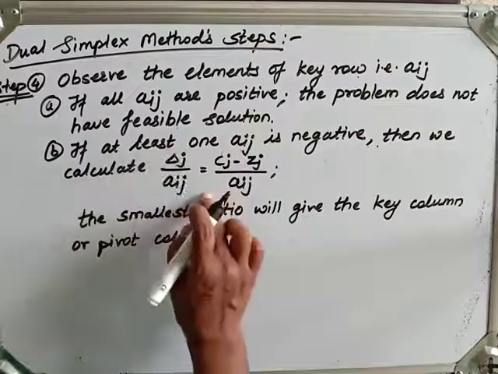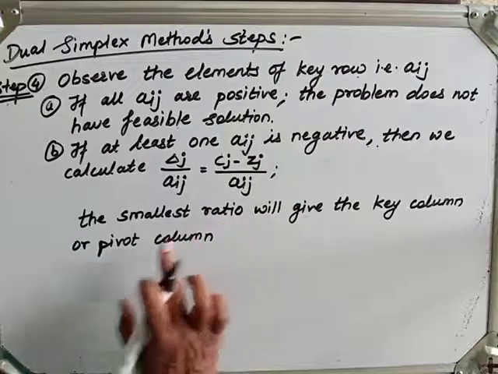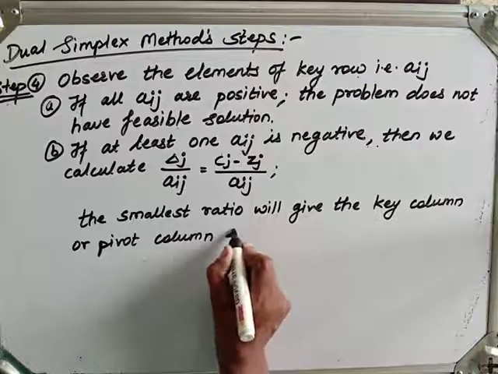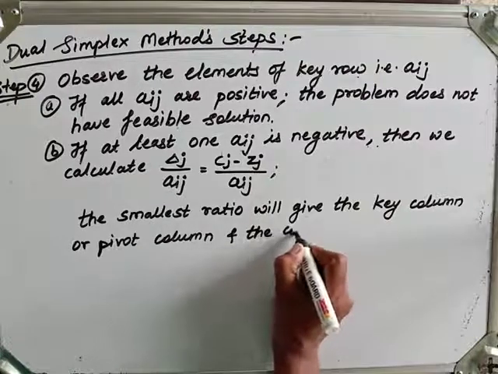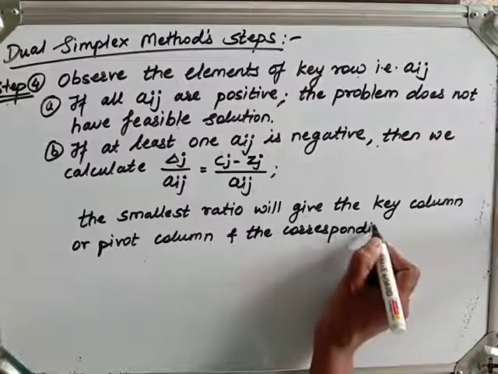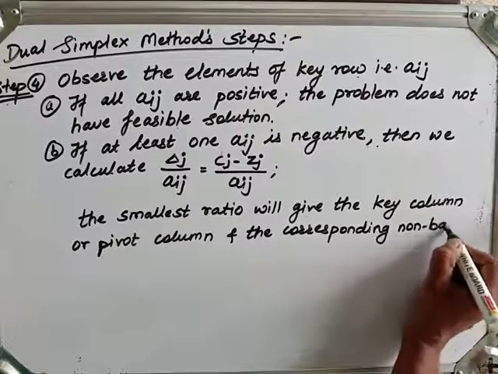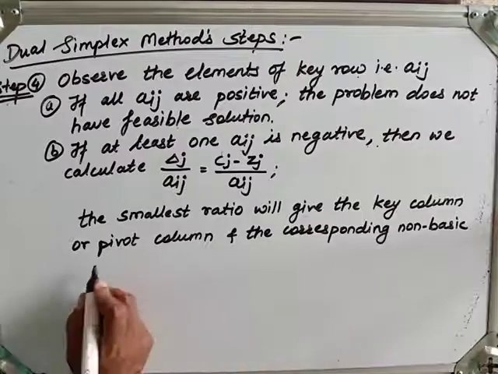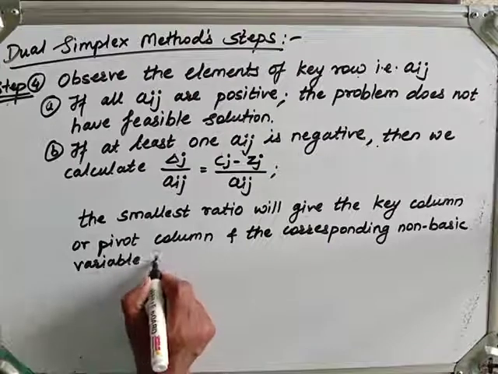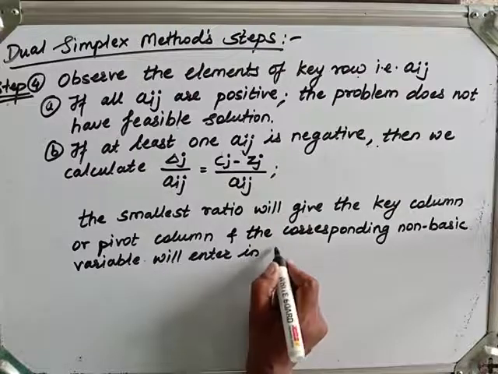Later, from the smallest ratio we get the pivot column, and that pivot column indicates the corresponding variable. It is a non-basic variable, which we are substituting as 0. The corresponding non-basic variable will enter the basis.